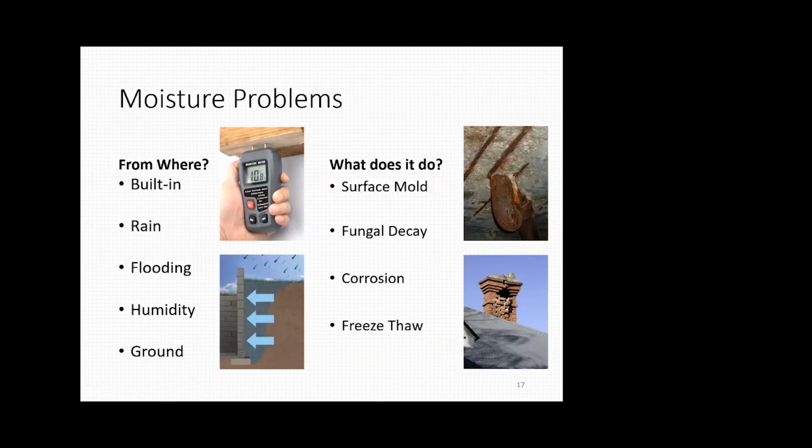Yes. Hydrostatic pressure: the force of water on this wall right here. When you don't detail your drawings properly and you don't put drainage in, there's no gravel and no drain at the bottom, so there's no way for this water to drain.